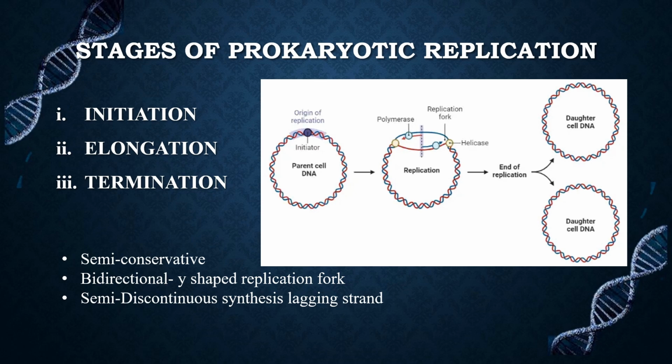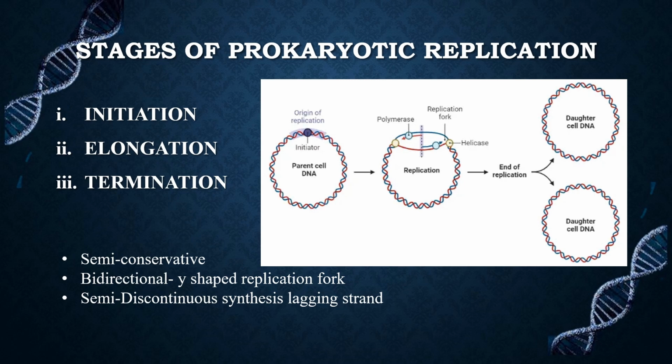The major things to remember about prokaryotic DNA replication are: DNA replication is semi-conservative, that is, each strand is used as a template for the synthesis of a new complementary strand. Also, it is bidirectional, that is, the Y-shaped replication forks run in opposite directions.